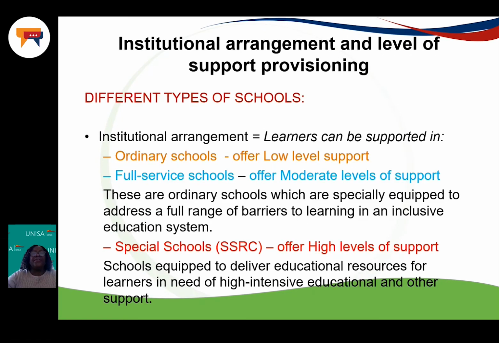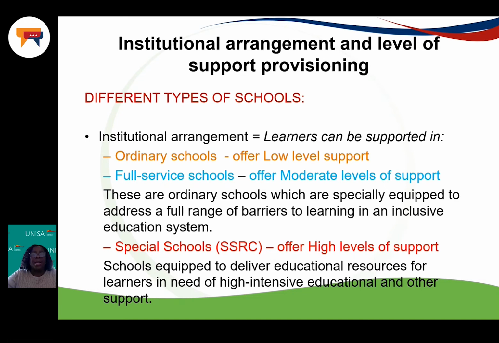Now, looking at different types of support provisioning, or the levels of support that can be provided to the learners who have been identified as having barriers to learning. This support can be offered at different levels.